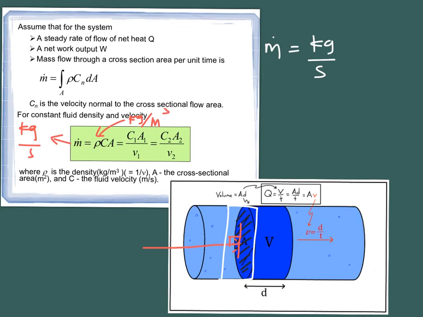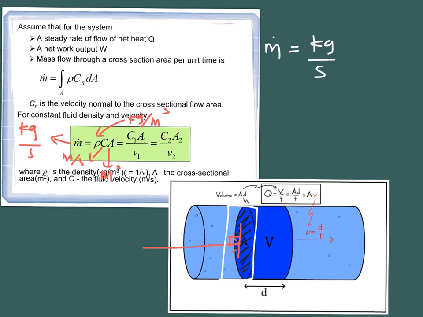And since it flows in this direction, where you have this circular area, the area gives you meter squared. And the velocity, because the water is flowing, is in meter per second.